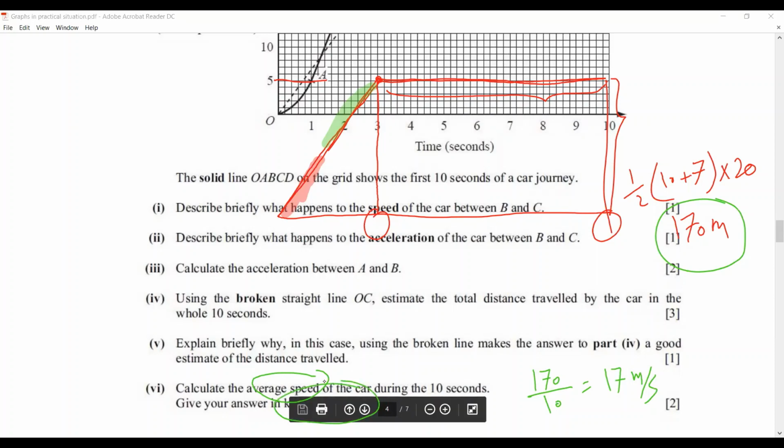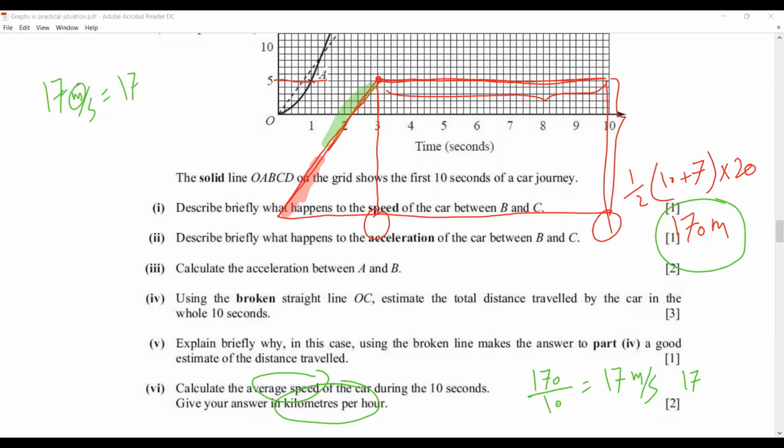So what you can do is you multiply this. I'm going to use the space here. 17 meter per second is equal to, so meter is actually 1,000th of kilometer, and seconds, because 1 hour is 3,600 seconds. 3,600 goes there, and this should be per hour, right?